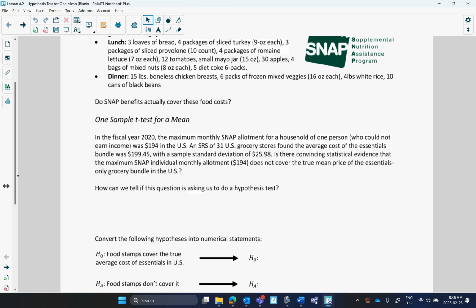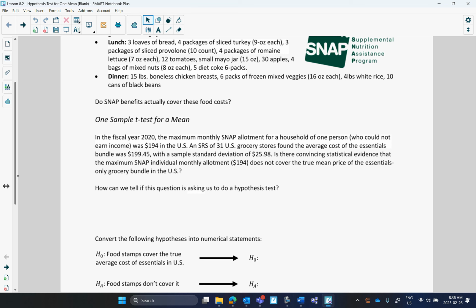So what someone decided to do is they took a simple random sample of 31 US grocery stores and found the average cost of the essentials up here. They got the average cost of the essentials as $199.45, slightly higher than what the SNAP benefit allows, $194. And then you're also told the sample standard deviation.